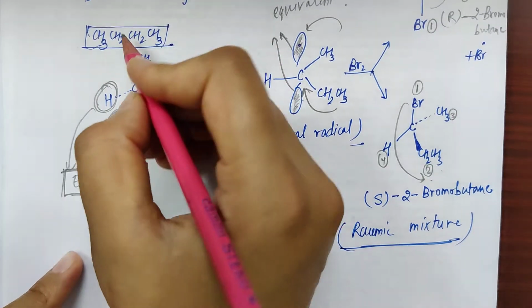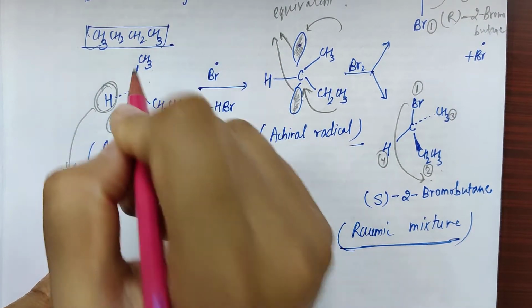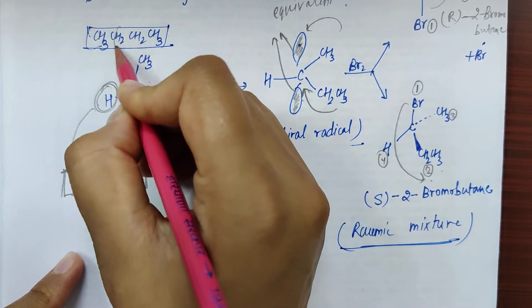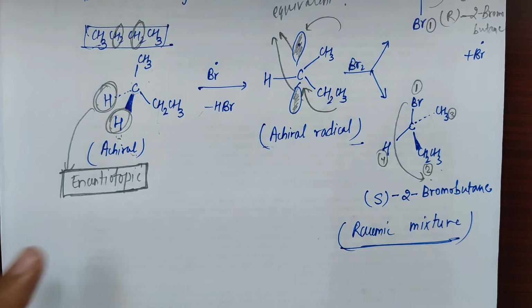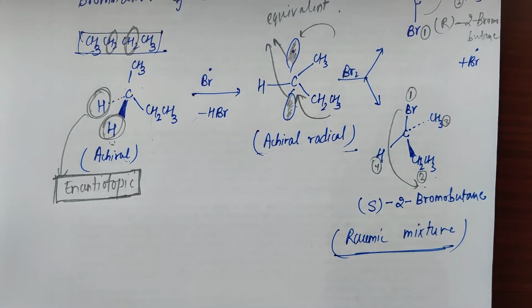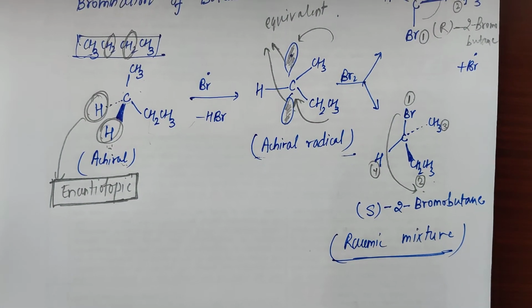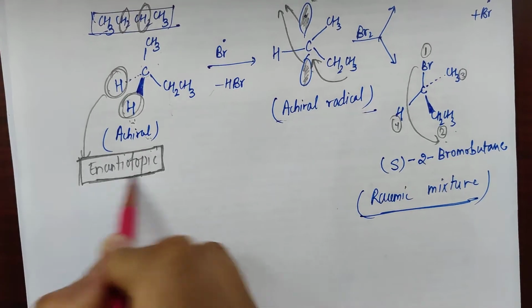So if you see, there are 4 enantiotopic hydrogens in the butane. These 2 hydrogens or any of these 4 hydrogens can act as enantiotopic hydrogens. Okay, so remember this word, enantiotopic.